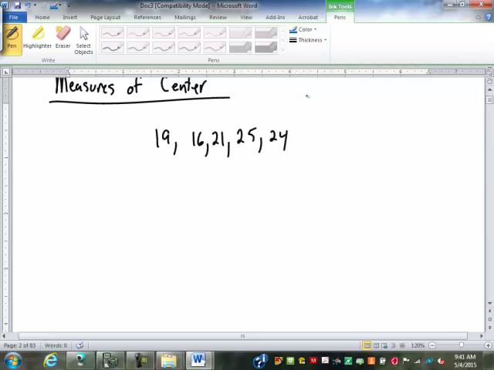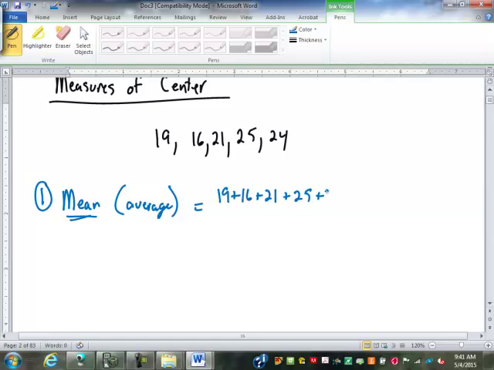If I want to evaluate the center of this, one thing that I can use is something called the mean. Now the mean is what most of us have always been taught is the average of a set of numbers. To find the mean, we take all the numbers and we add them up. So 19 plus 16 plus 21 plus 25 plus 24.